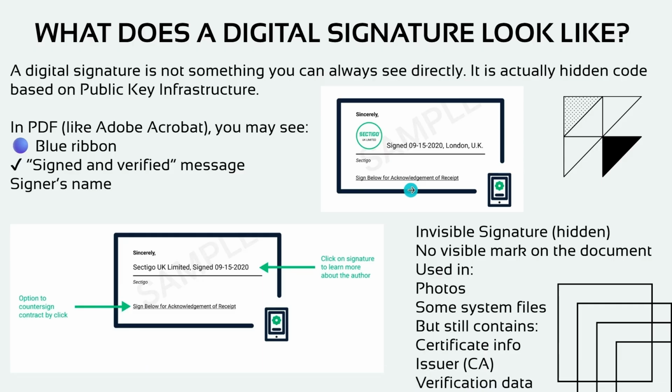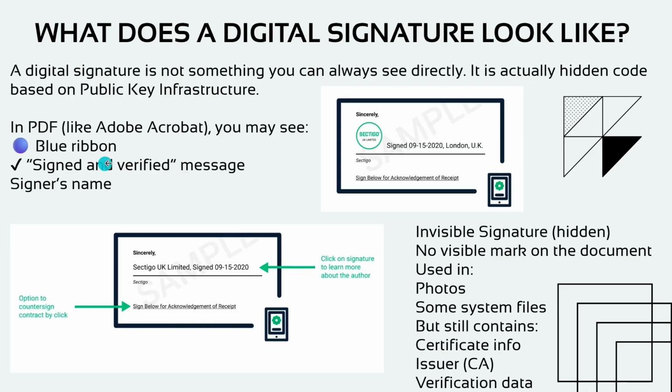What does a digital signature look like? A digital signature is not something you can always see directly. It is actually hidden code based on a public key infrastructure. We use Adobe Acrobat or any other similar software to digitally sign it.